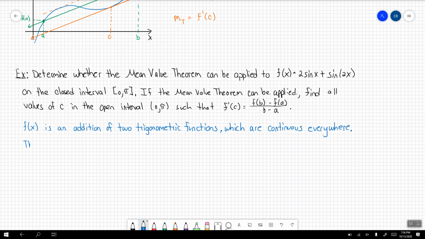Therefore, or you know what, I'm going to say continuous and differentiable everywhere.